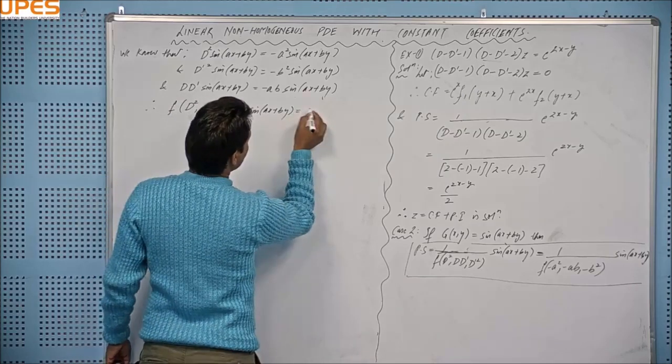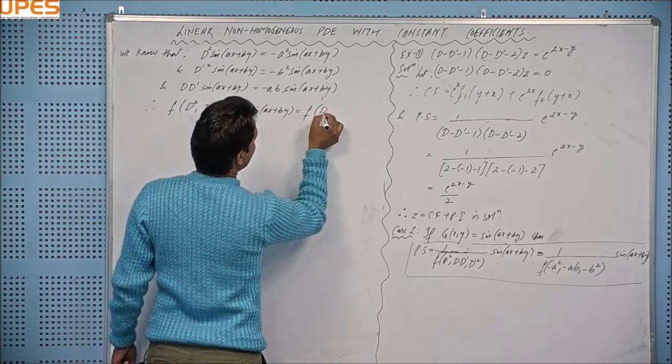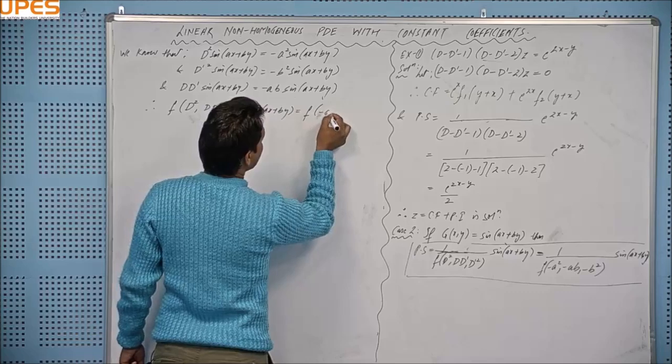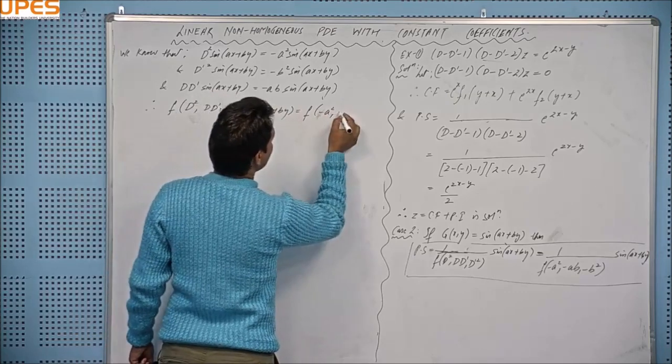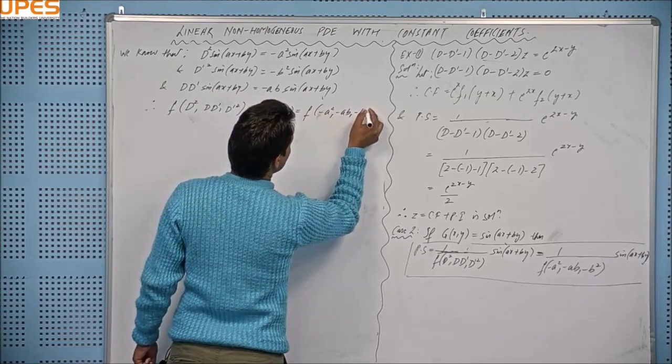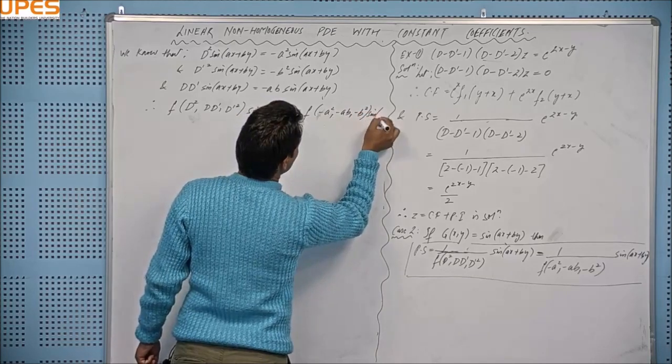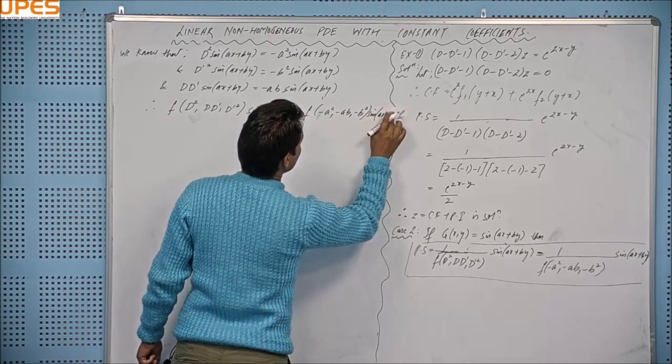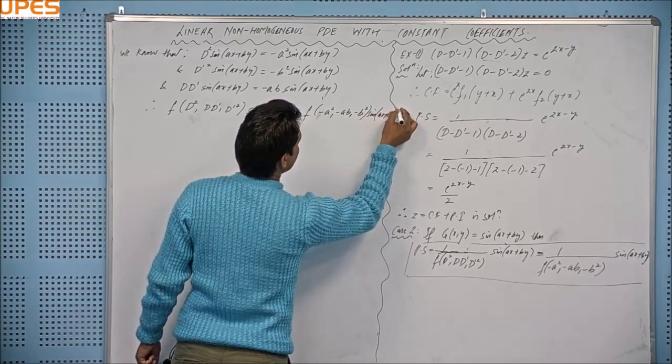It gets replaced by f of minus a square, then minus ab, and minus b square, of sine of ax plus by, right?